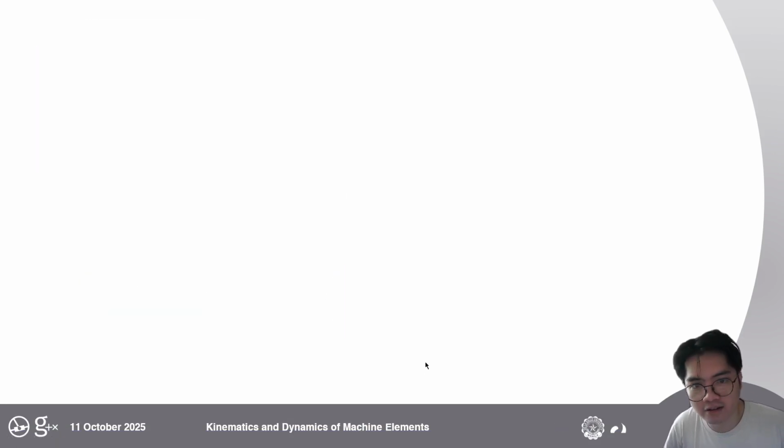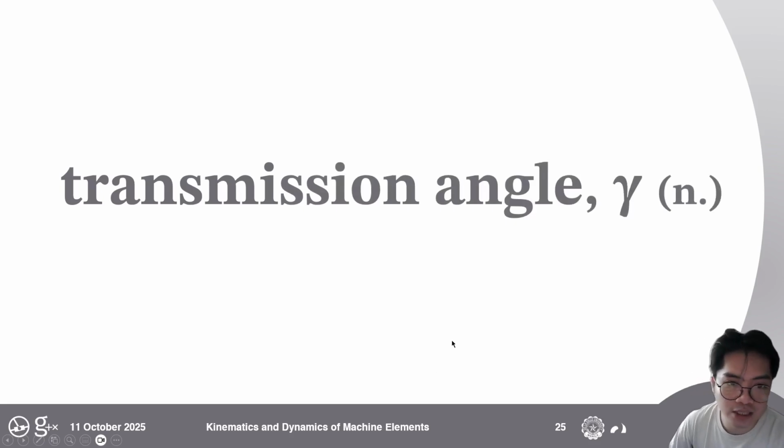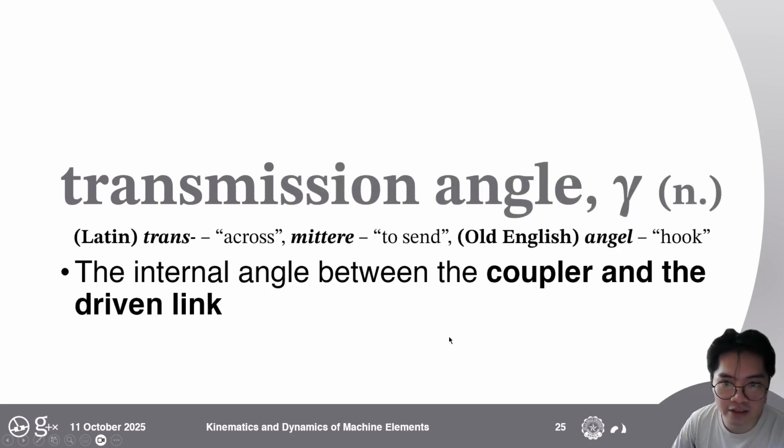On the other hand, if you want to transmit power, you will have to look at the transmission angle. Literally, the angle wherein you transmit a force. Or more specifically, in this case, because you're thinking of rotary motion, forces are less important, more so torques.